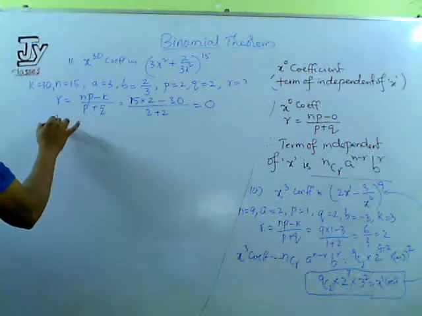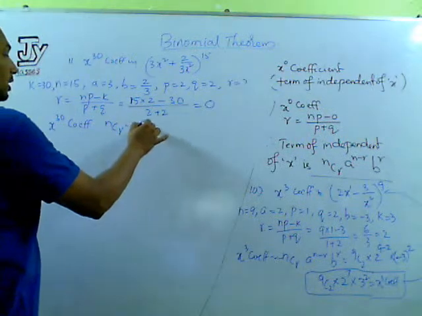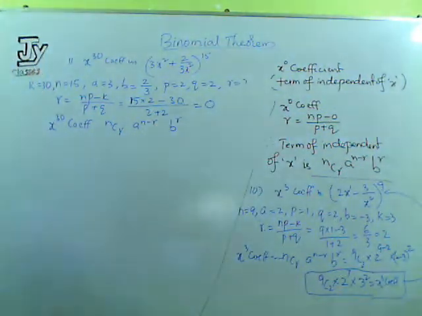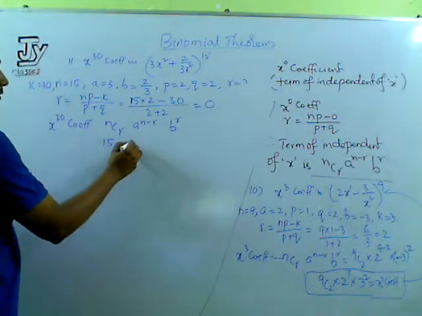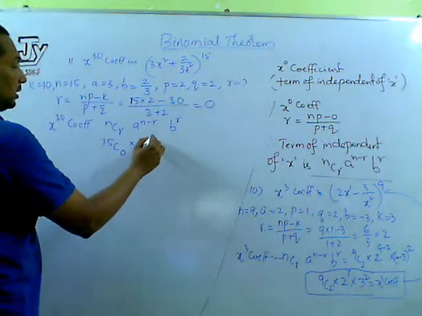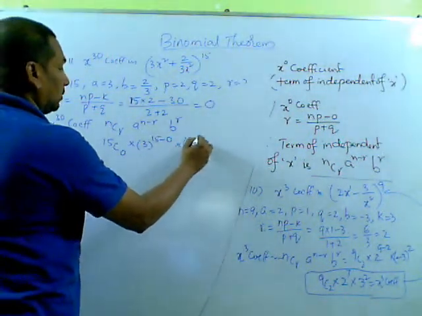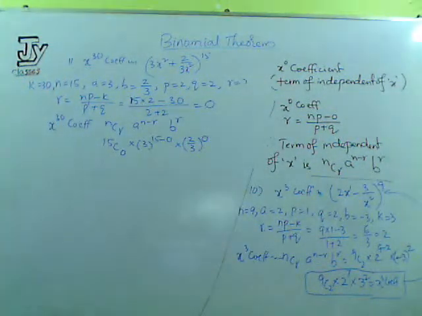So x power 30 coefficient is nCr a power n minus r, b power r. 15C0 into 3 power 15 minus 0 into (2 by 3) whole power 0. That's the required coefficient. So 12, 13, you will do yourself.